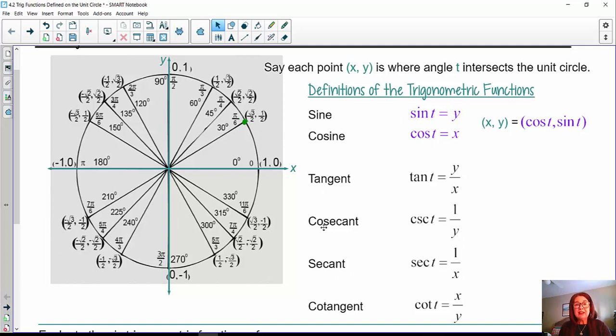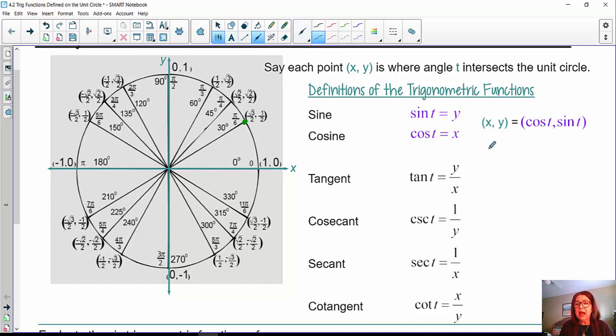Each one of these trigonometric functions has an abbreviation. So sine is S-I-N-E, but the abbreviation is S-I-N. So not sin, but sine. Cosine has an abbreviation C-O-S, and it's the x part of the ordered pair.